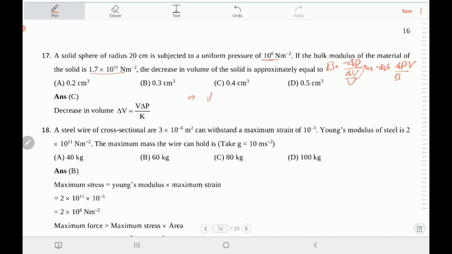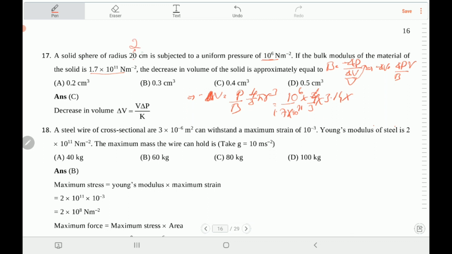So how do you continue? Delta V, the change in volume, equals pressure times volume, which is 4 by 3 pi r cube, divided by B. Put the values and simplify. Pressure 10 power 6, divided by bulk modulus 1.7 into 10 power 11, into 4 by 3 pi, 3.14, times r cube. What's r? Radius. How do you write the radius?